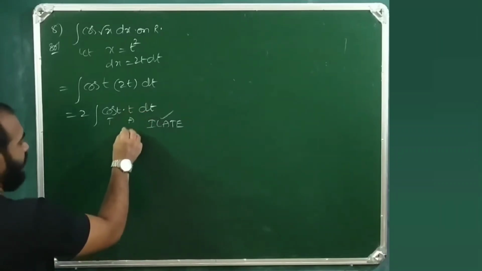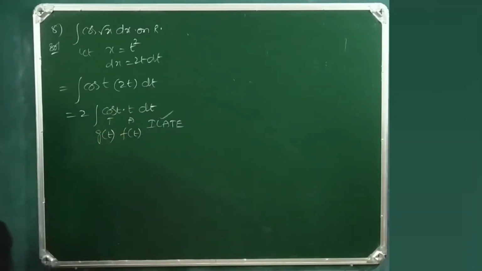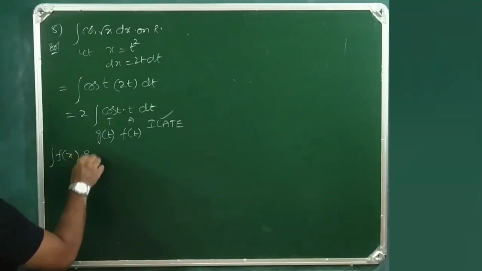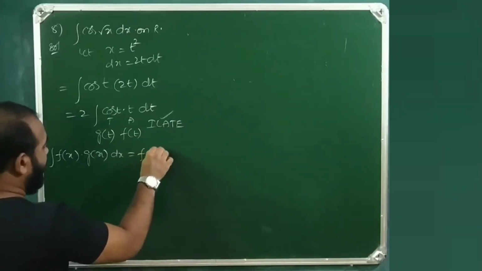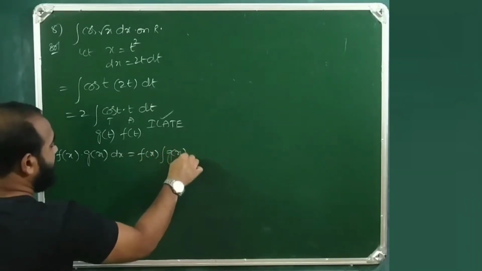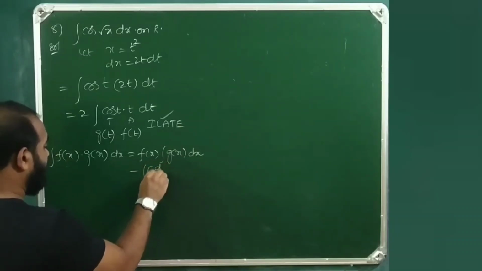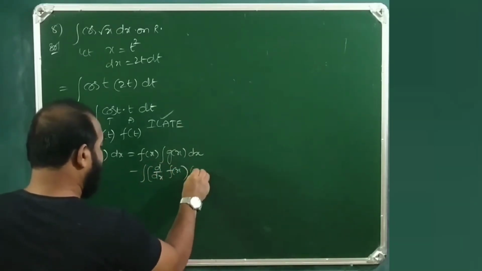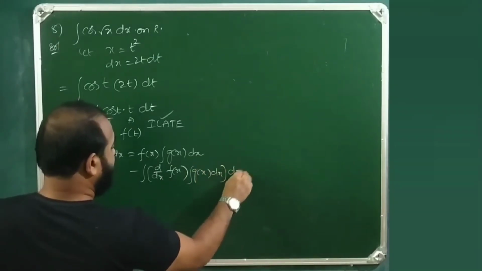Therefore, this is f of t and this is g of t. So integral f of x into g of x dx is equal to f of x into integral g of x dx minus integral of d by dx of f of x into integral g of x dx, whole dx.